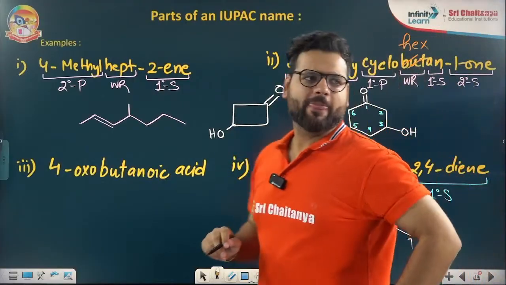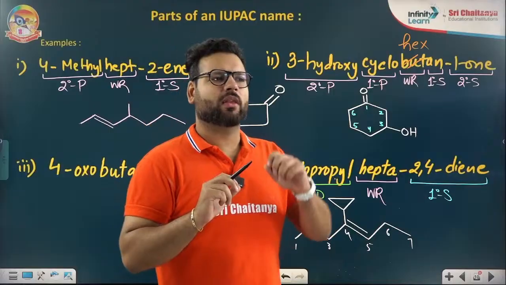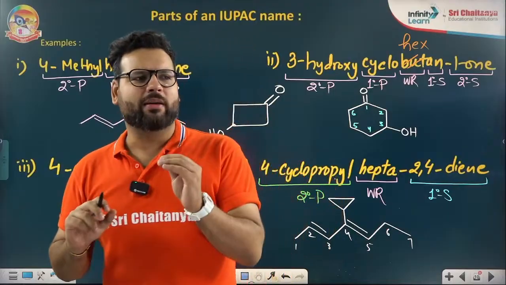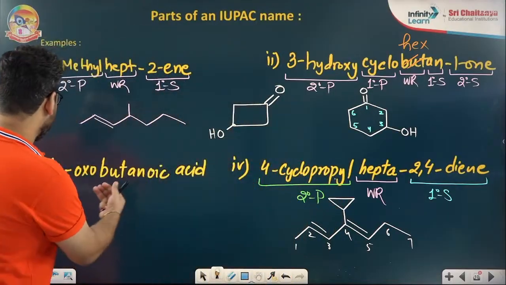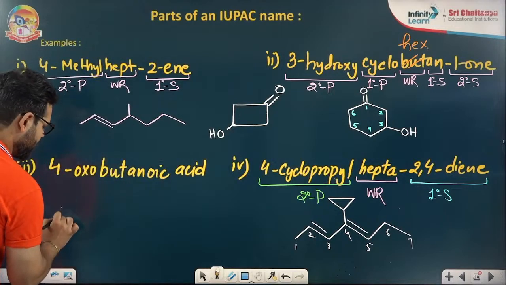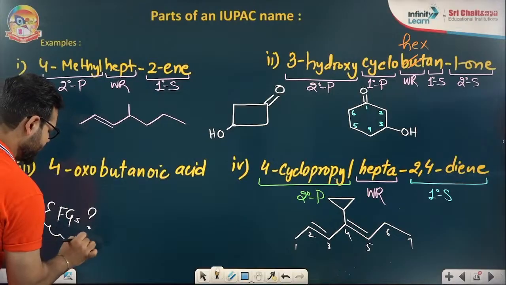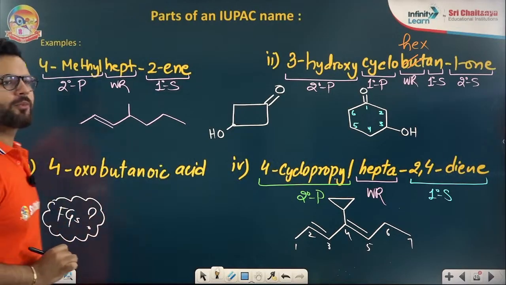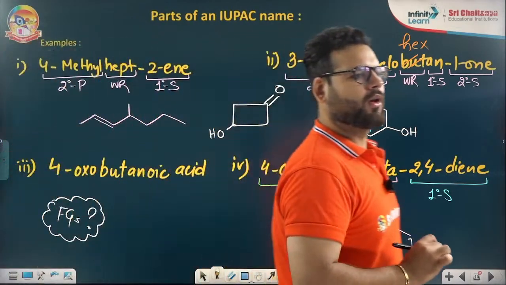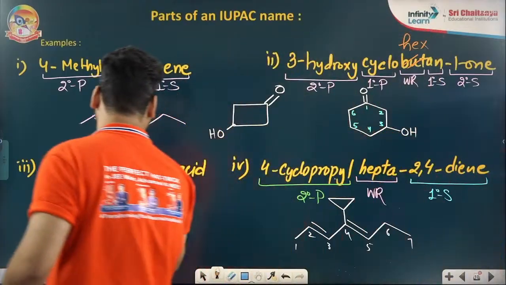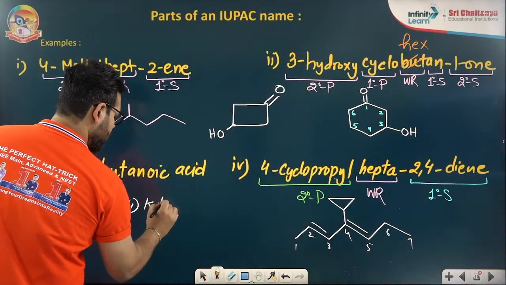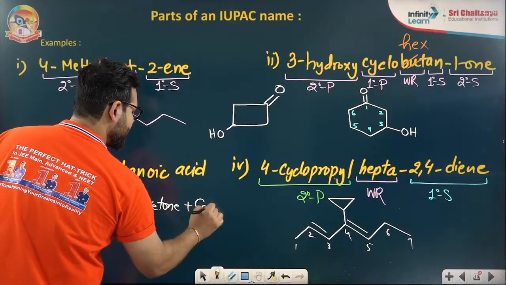4-oxo-butanoic acid. Can you tell me what functional groups are present in the third one? Which all functional groups are present? Options are: first one, ketone plus carboxylic acid.